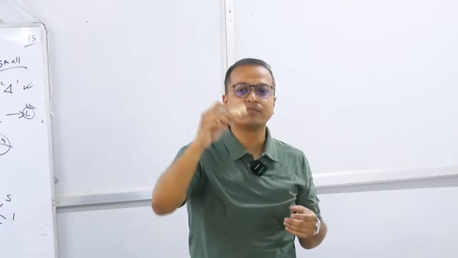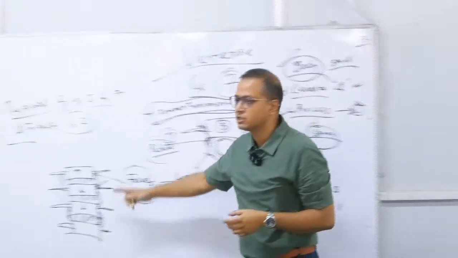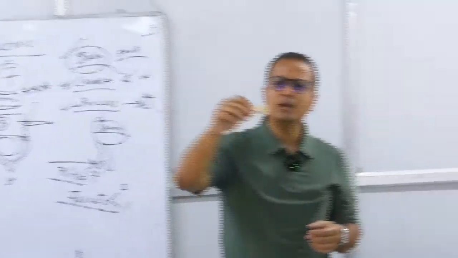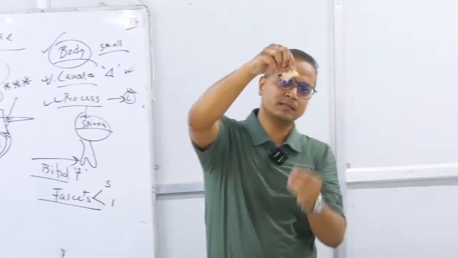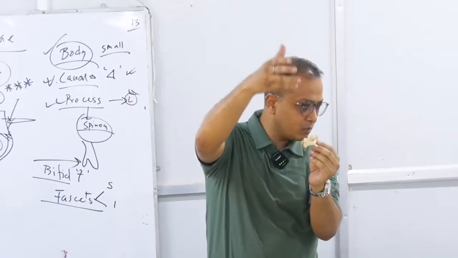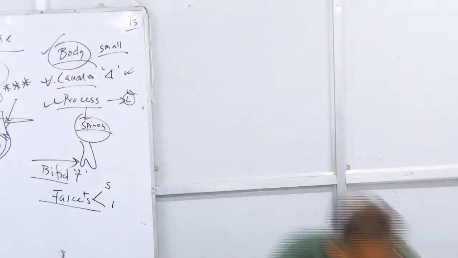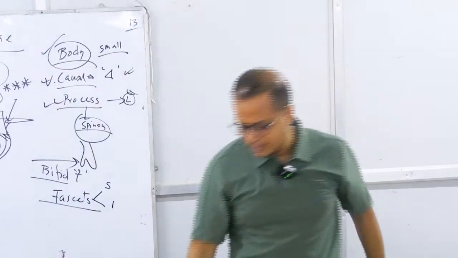The joints made here we call facet joints, a kind of synovial joint. The articular processes are the superior and inferior articular facets, and they articulate.